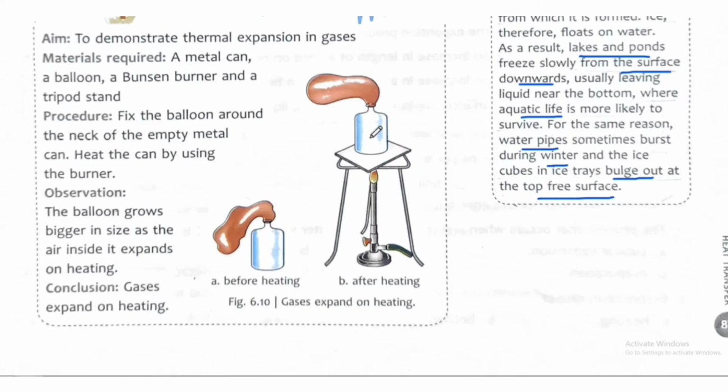As the air inside the empty can expanded in volume on being heated, it is giving pressure on the walls of the balloon. And for this reason, the balloon is filling up and growing bigger in size. So, in conclusion, it is written, gases expand on heating.